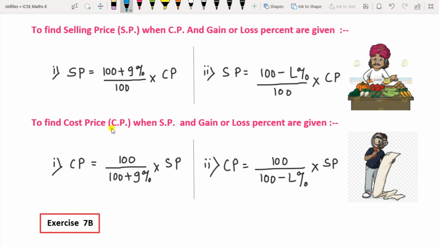And to find CP when selling price and gain or loss percent has been given, CP will be equal to 100 upon (100 plus gain percent) into SP, and CP equals 100 upon (100 minus loss percent) into SP. So for selling price, the addition or the subtraction of the gain or the loss percent is in the numerator. For cost price, it will be in the denominator.